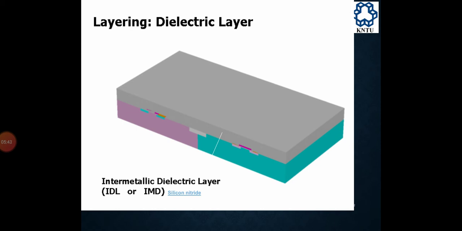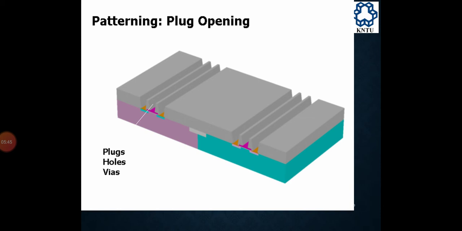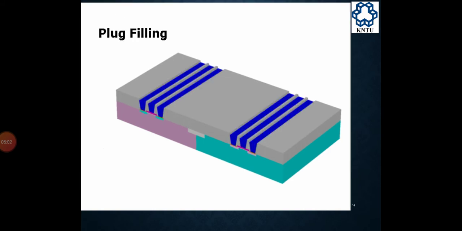intermetallic dielectric layer. Now plug opening, we use lithography and exposure and photoresist, and we dig these places like plug holes, vias and plug filling.